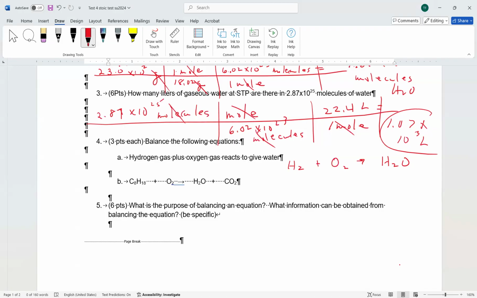Okay, is this balanced? No. We need 2 waters to get the oxygens up to 2, and that makes 4 hydrogens. So if we did an inventory, we'd have 4 H's, 2 O's, 4 H's, 2 O's.